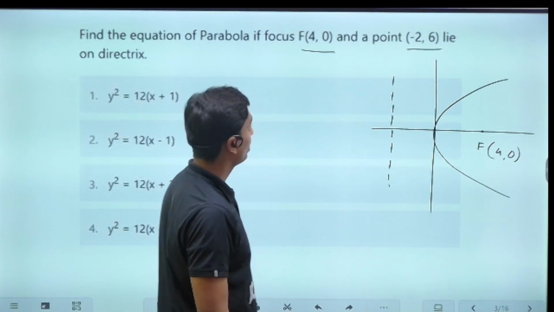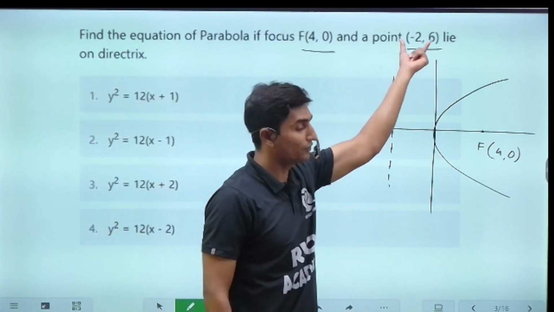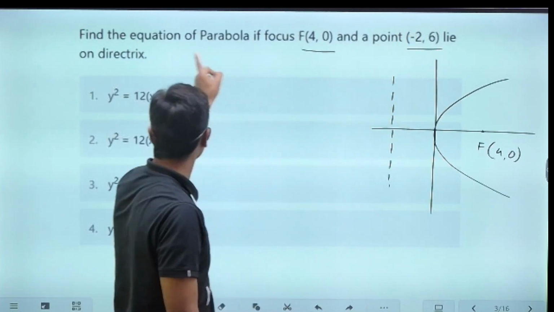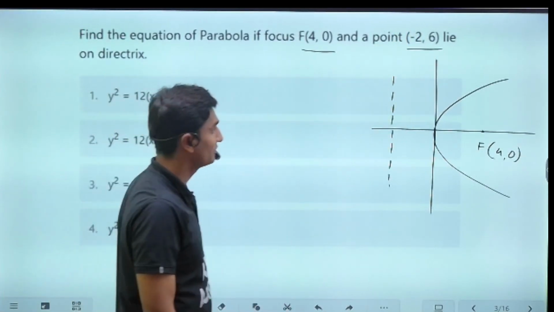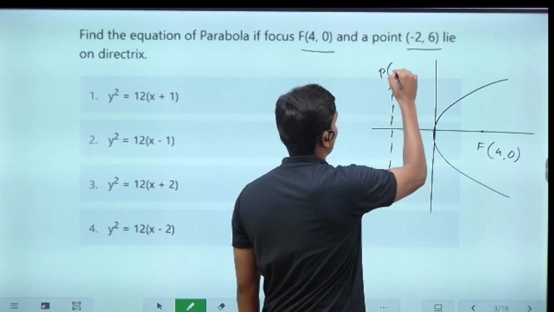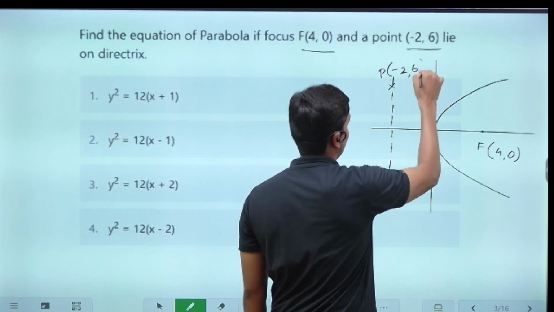And they have also given us the coordinates of another point, negative 2, 6. This point, guys, lies on the directrix, given clearly in the question. So here I'll take that point P, which has the coordinates negative 2, 6.